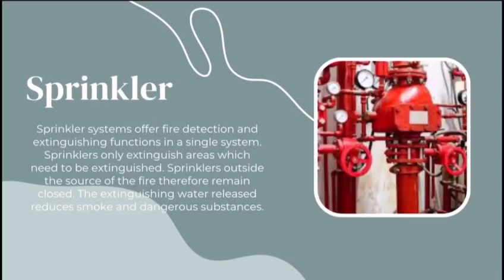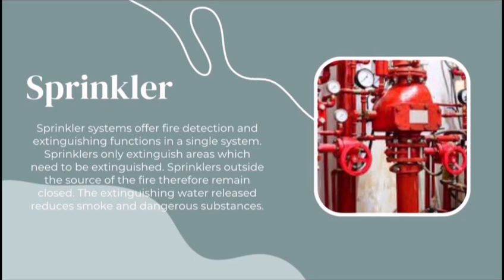Sprinkler. A sprinkler system offers fire detection and extinguishing function in a single system. Sprinklers only extinguish areas which need to be extinguished. Sprinklers outside the source of the fire therefore remain closed. The extinguishing water release reduces smoke and dangerous substances.